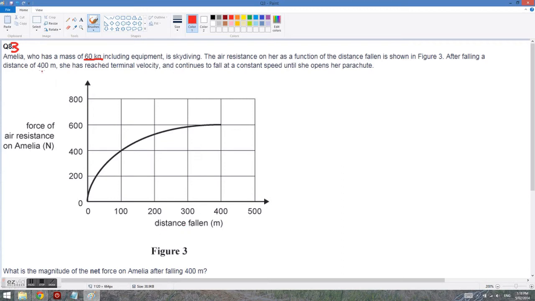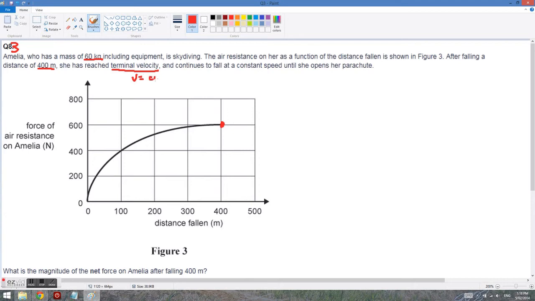She fell 400 meters, then she reached terminal velocity. Terminal velocity means constant velocity. So after this point, afterwards, the velocity will be constant.